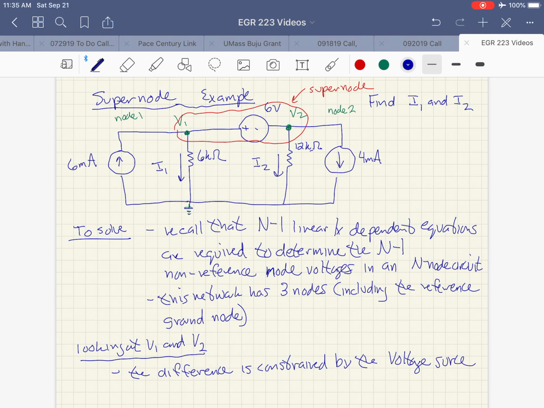That's that 6 volt voltage source. So we can say V1 minus V2 is equal to 6 volts.